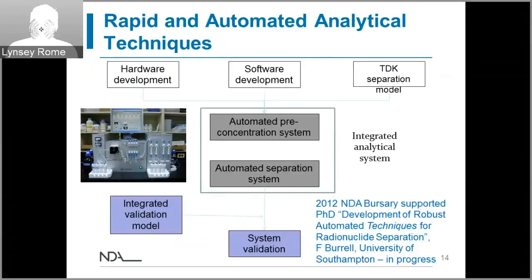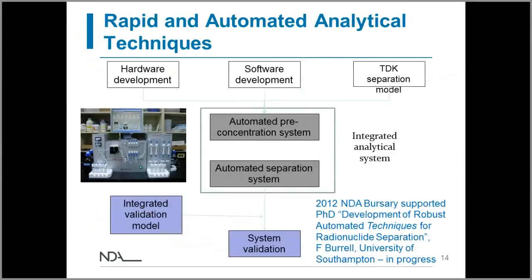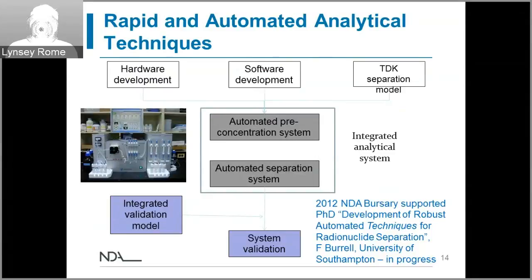Another example here is with the University of Southampton, who are looking at automating analytical techniques. And this 2012 bursary is coming to completion, and recently was featured in a Royal Society of Chemistry Radiochemistry Group seminar at Southampton, which was looking at the development of these techniques across the world.